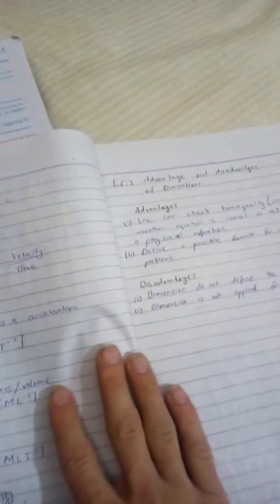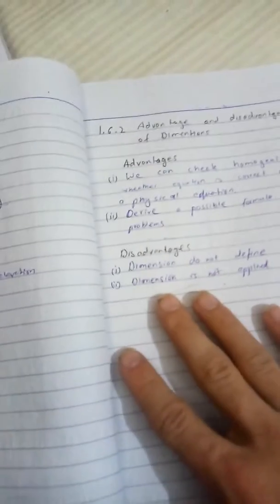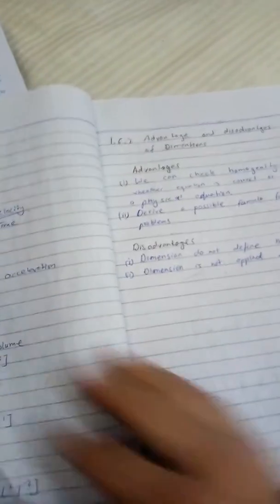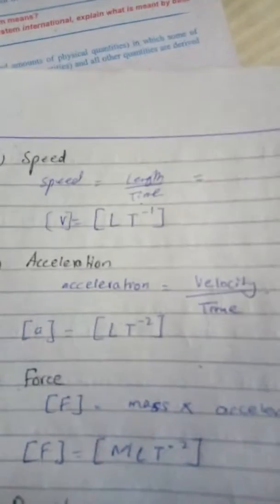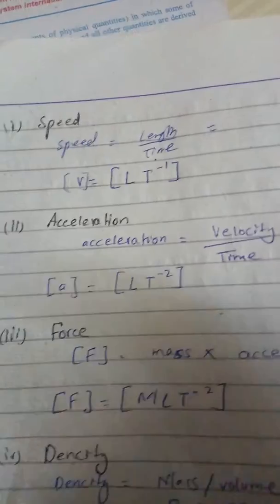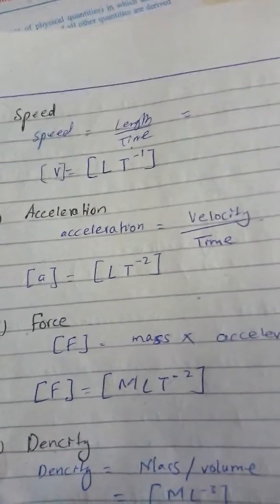So basically we represent base measurements with a letter. For example, for speed we use velocity and it will be v, and for acceleration it is a. We represent these in the base units.